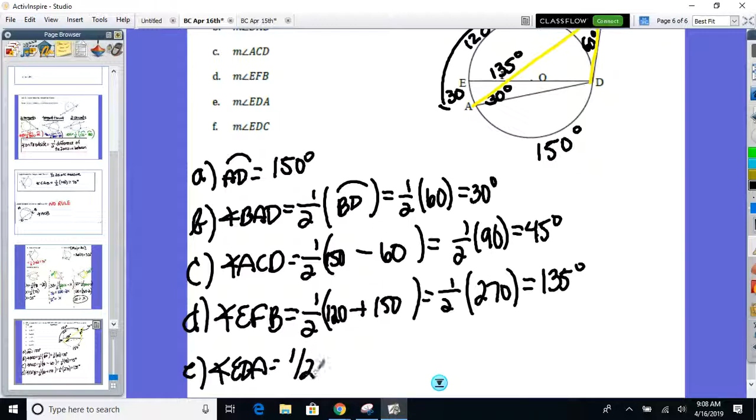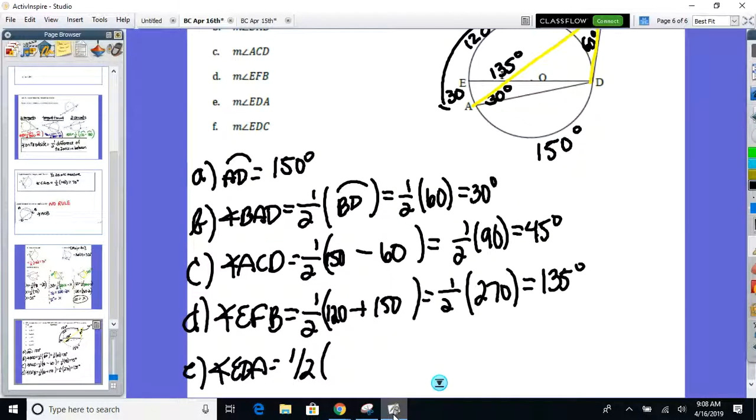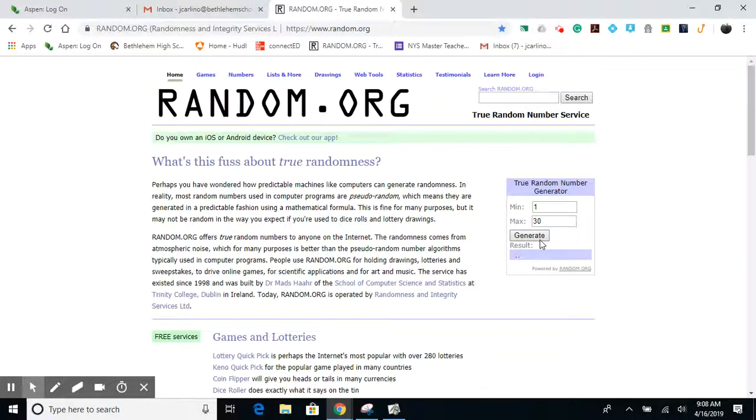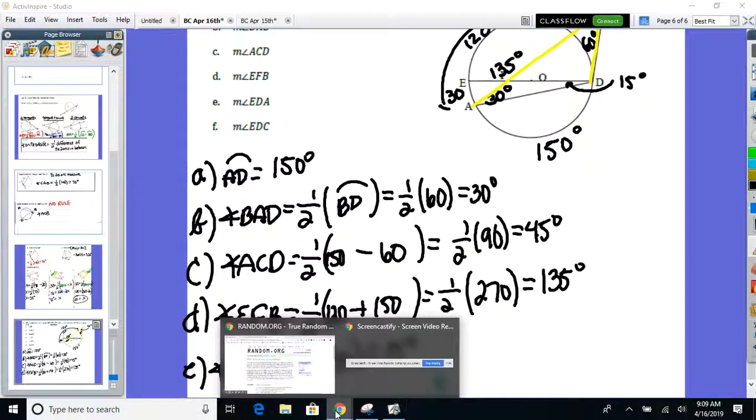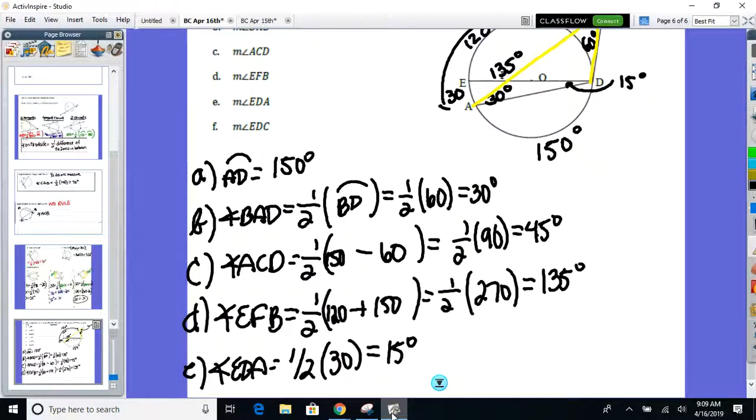So I'm going to take half of which arc now? EDA is inscribed. I'm going to take half of 30. So that angle's 15 degrees. And we got one more here, huh? Great job.